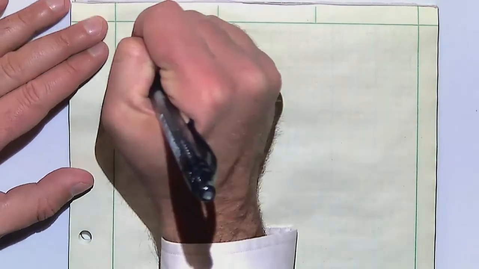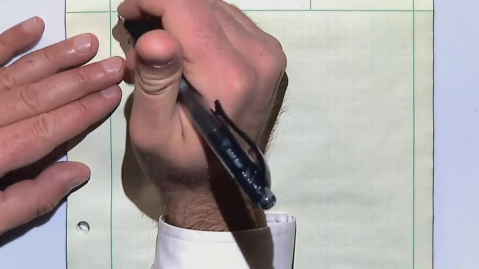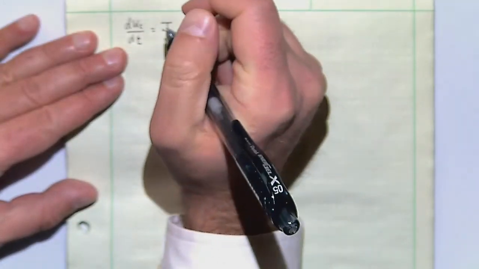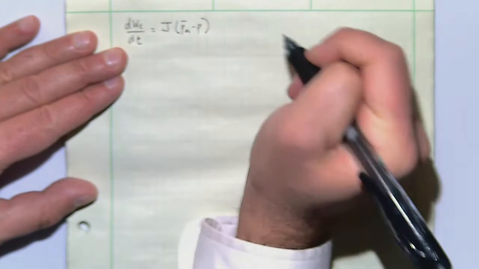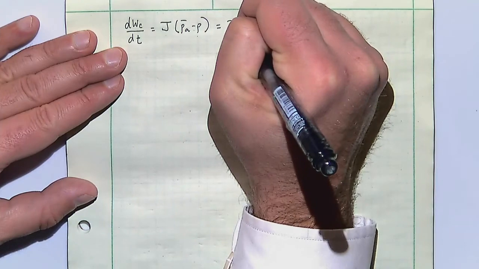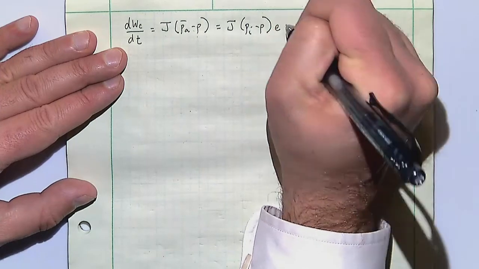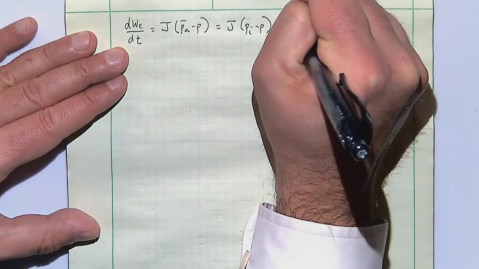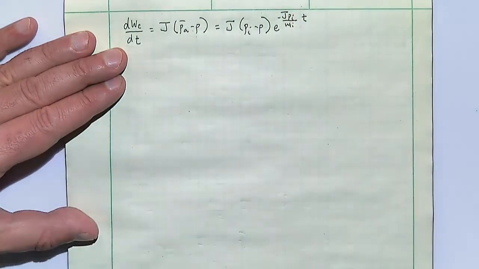So let me do that now. dWe dt is equal to J times (PA bar minus P). So I didn't write anything new there. But now when I do that substitution, I get J times (PI minus P) times e to the minus J PI over WEI times t.